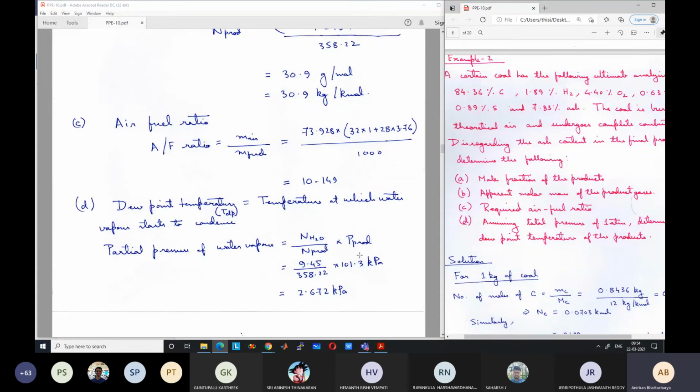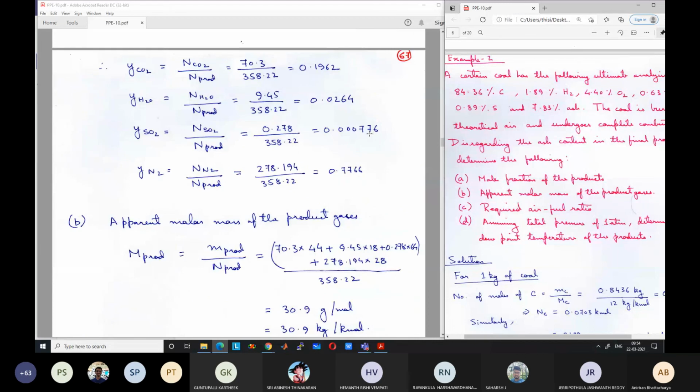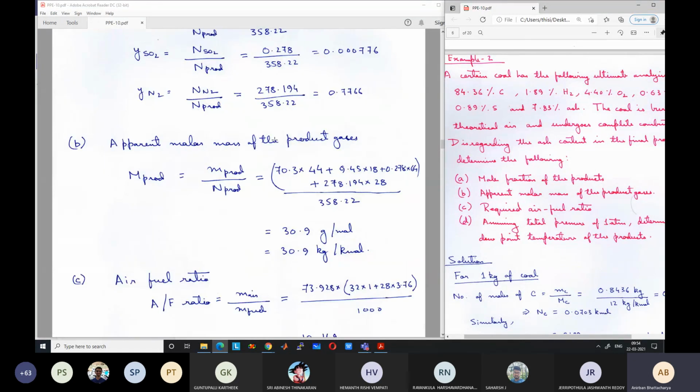The mole fraction of water vapor was 0.0264, that is, 9.45 by 358.22. So 9.45 by 358.22 into 101.3 kPa gives us a pressure of 2.672 kilopascal. This is the partial pressure of water vapor in the combustion products.